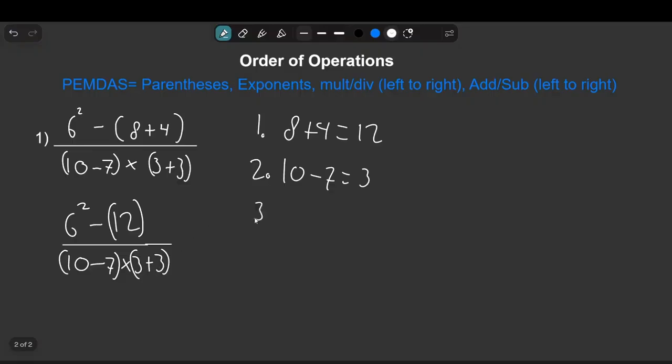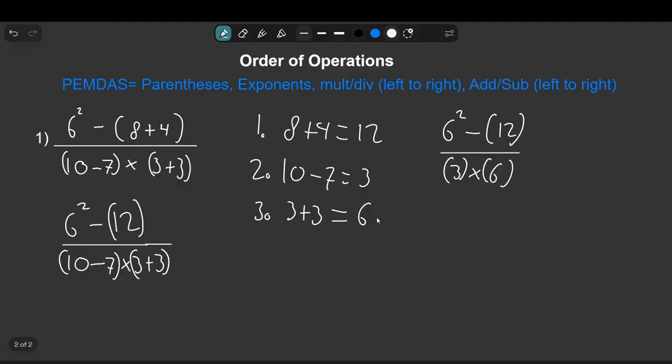The third step is the last parentheses, which is just 3 plus 3, which will equal 6. Now I'm going to write the problem again for y'all, but with the parentheses already solved. As you can see here, we have made the problem a lot smaller.